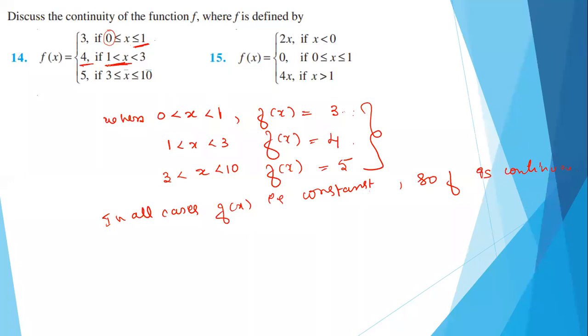But for x is equal to 1, you need to check because it's given for x less than 1 and x greater than 1. Even for 3, it's given when x is less than 3, you have one functional value, and even when x is greater than 3, you have one more. So you need to check. But for 10, you need not check because only one case is given, x is less than 10, greater than 10 is not given.